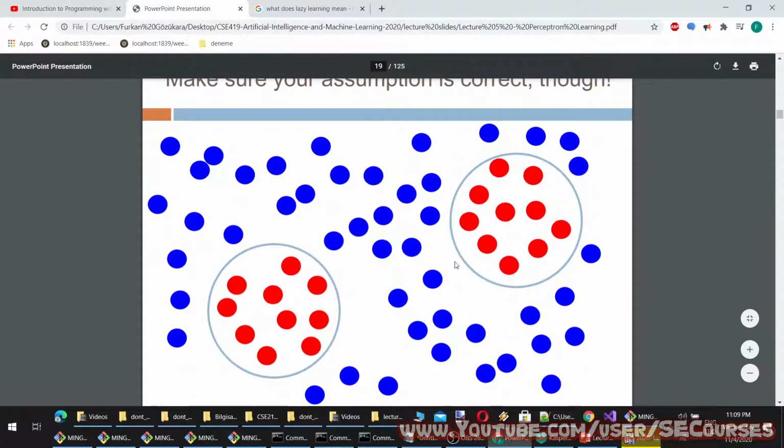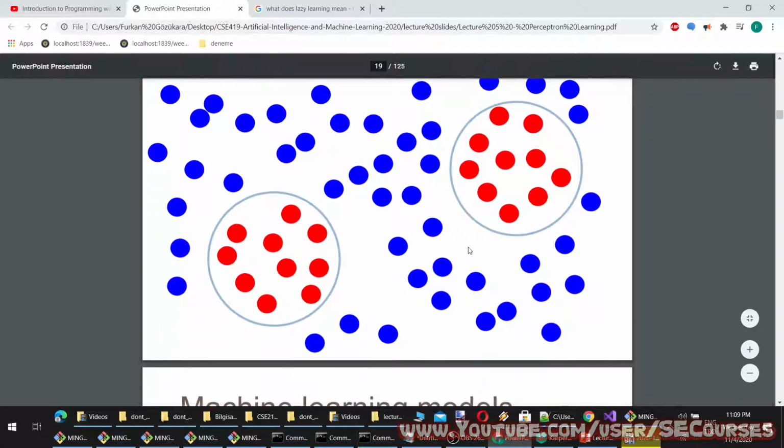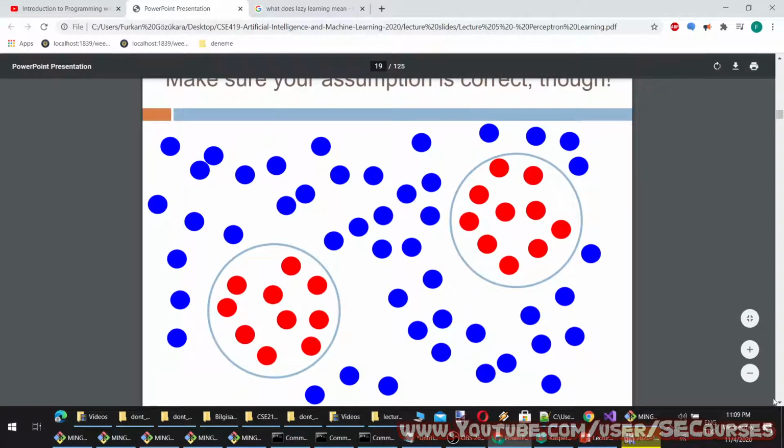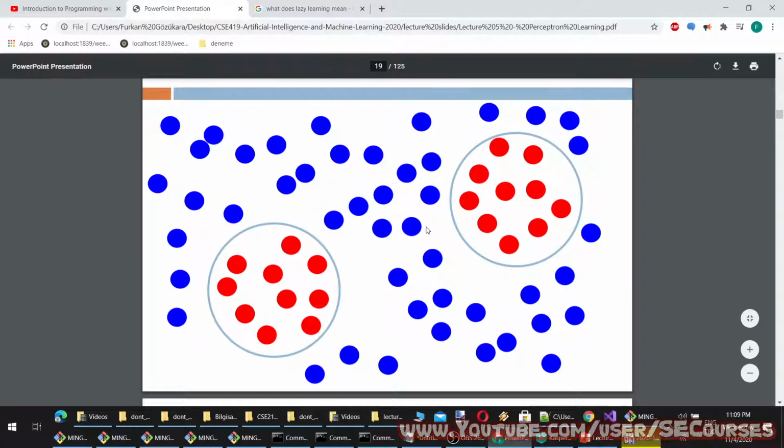Can you separate this data linearly? What does linearly mean? Linearly means that with a single line. Can you separate it? Wherever you draw a line, you can't separate this data linearly. Your line has to be like, let me show you. I am going to take a picture of this to make some drawings.